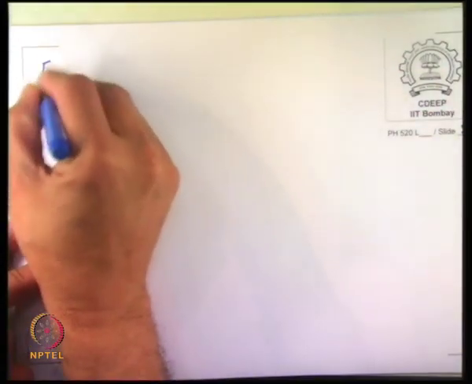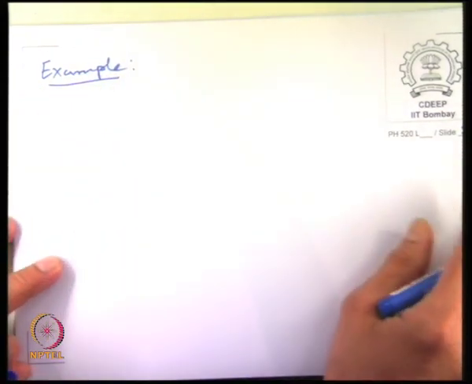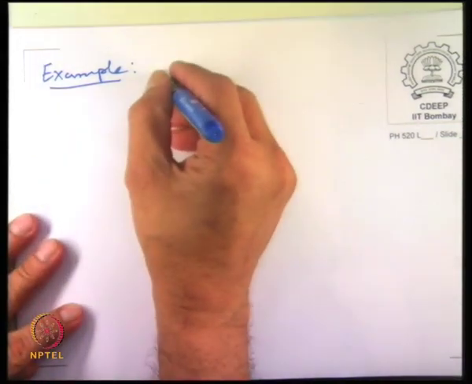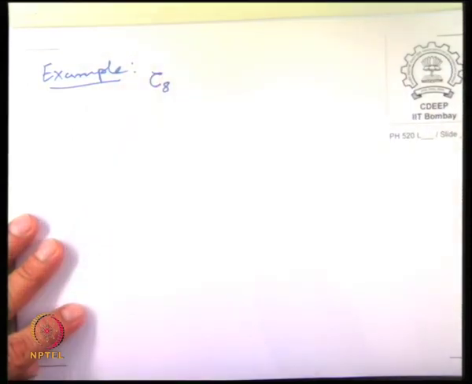We can try to see an example of this coset space. In fact, the simplest example we have, we will automatically get a normal subgroup. So let us see an example just to understand what is going on. Suppose we have C8, which is 8-fold rotations by 2 pi by 8.